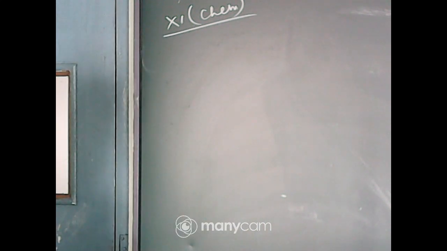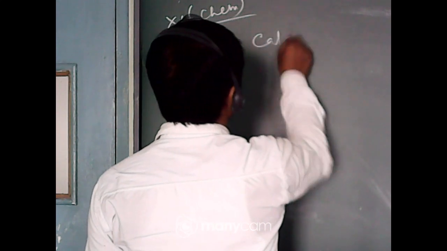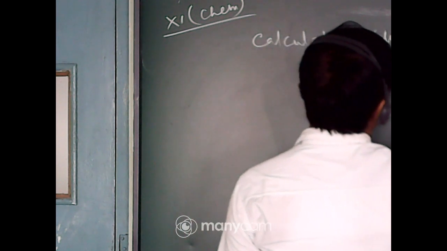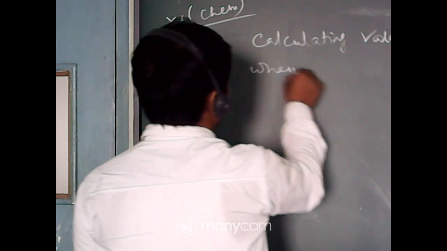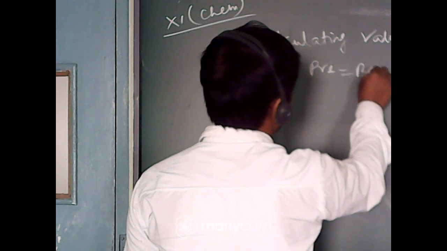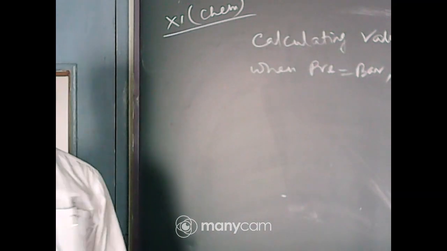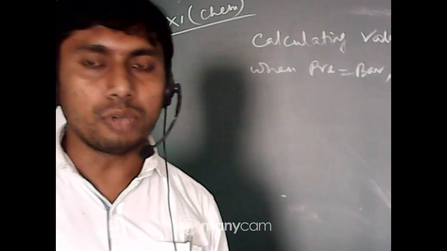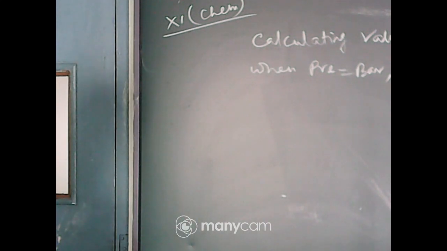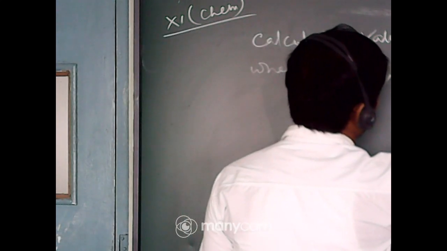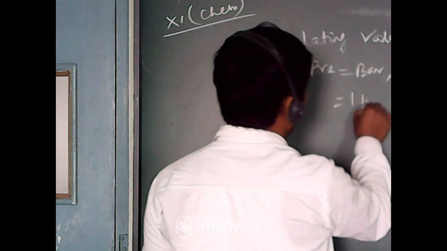For this, first, when pressure is expressed in atmosphere and volume in liter, we calculate the value of R. When pressure is in bar and volume in liter, we have to calculate the value. Pressure is 1 bar, and at 1 bar pressure the standardized volume is 22.4 liter.